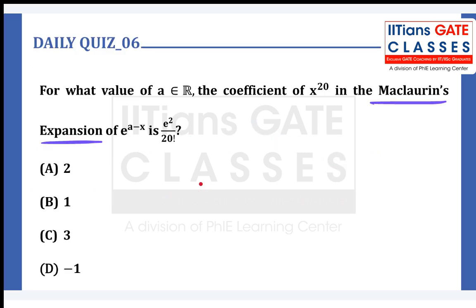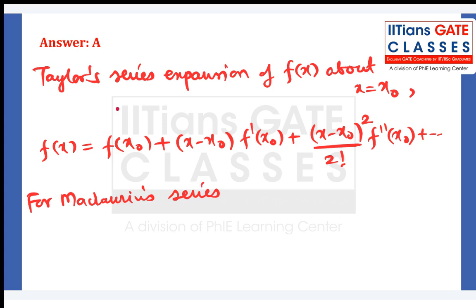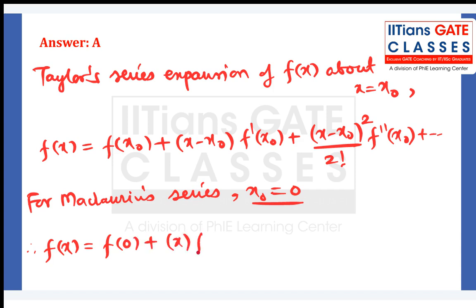For Maclaurin series, you just take x naught as 0. Therefore, you can write f of x as f of 0 plus x into f dash of 0, plus x square by 2 factorial f double dash evaluated at 0, and so on and so forth. So this is your Maclaurin series.